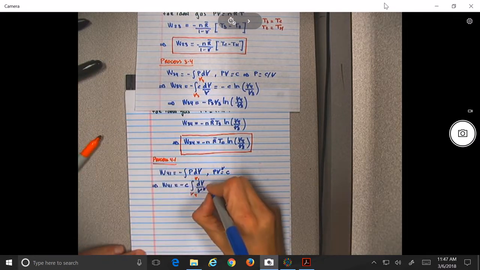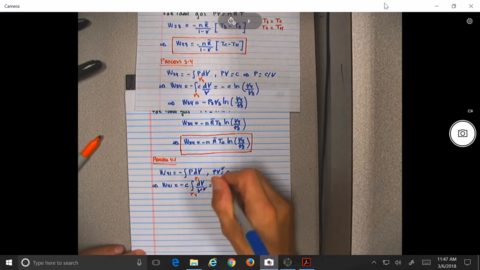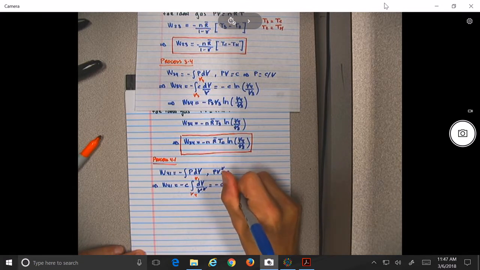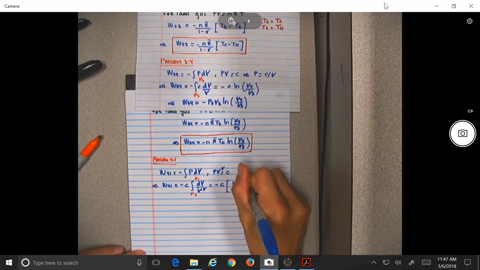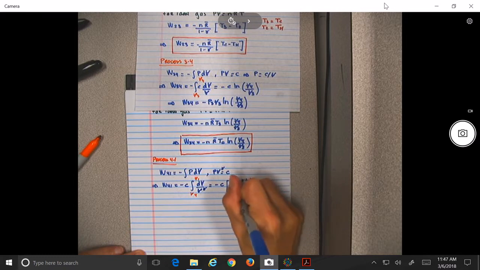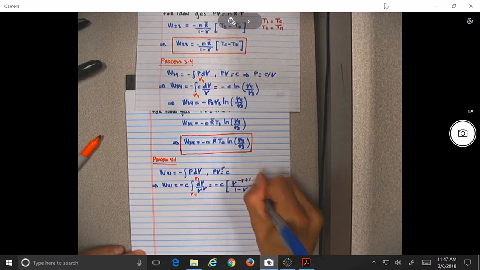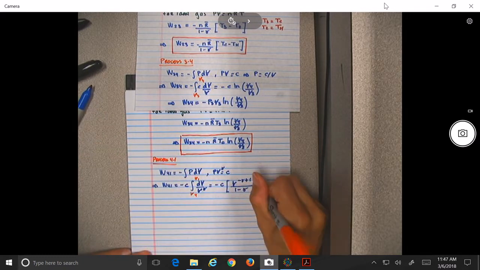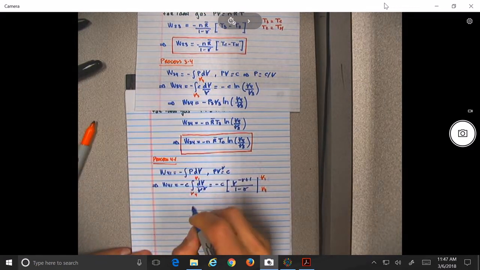So it will be equal to minus C V to the minus gamma plus 1 over minus gamma plus 1 between V4 and V1.